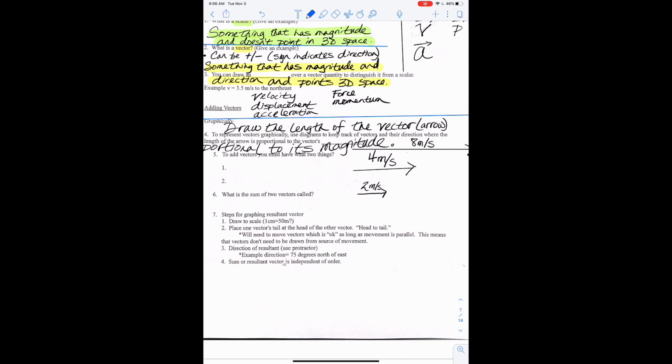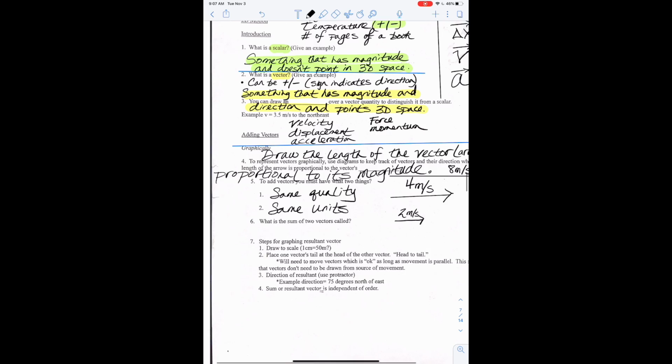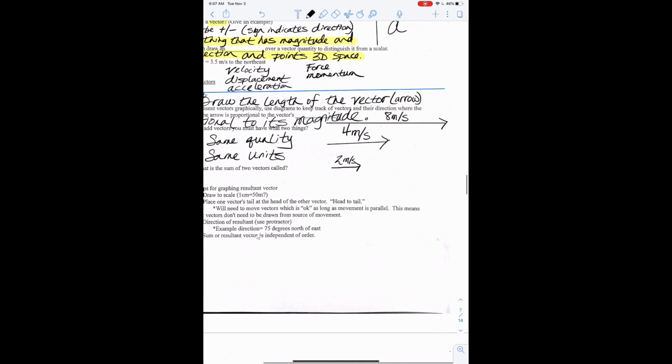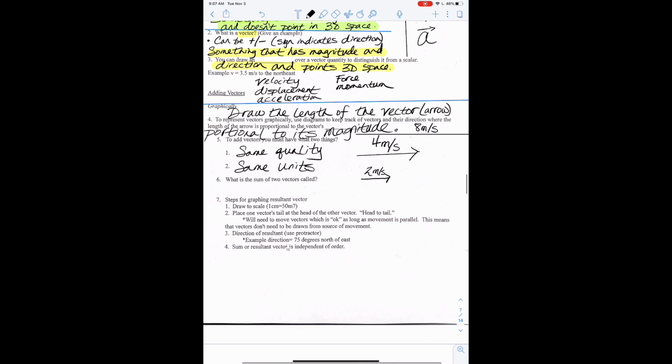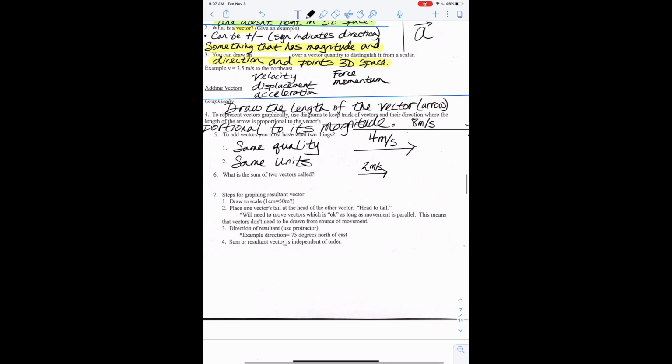Number 5, to add vectors, you must have what two things? They have to be the same quality, and they have to have the same units. This is where I'm kind of short on room. By quality, I mean that you have to add velocity with velocity.